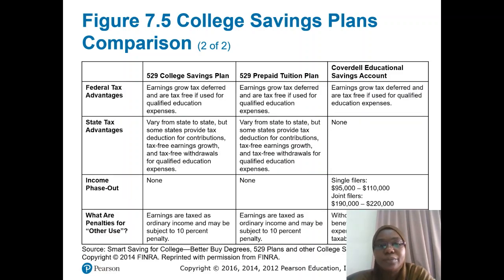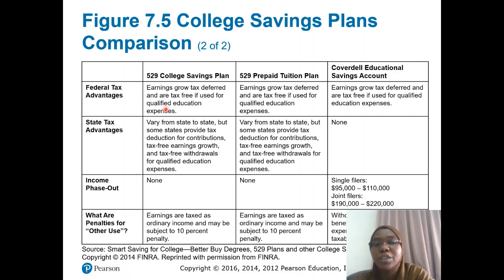Still on the savings plan comparison, you need to look at the federal tax advantages, the state tax advantages, the income phase out, as well as the penalties for other use. So for example, the federal tax advantage for the savings plan is that earnings grow tax deferred and are tax free if used for qualified education.